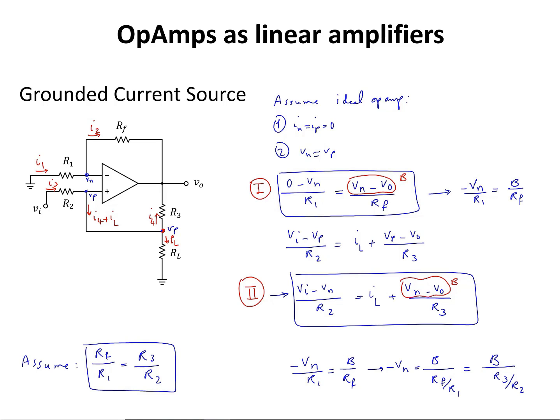Now I'm going to use it to find the relationship between Vi and IL. So let's rewrite the second equation. From the second equation we have Vi minus Vn divided by R2 equals IL plus Vn minus Vout divided by R3.